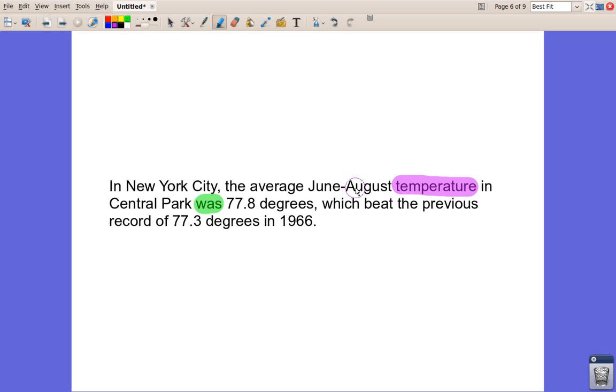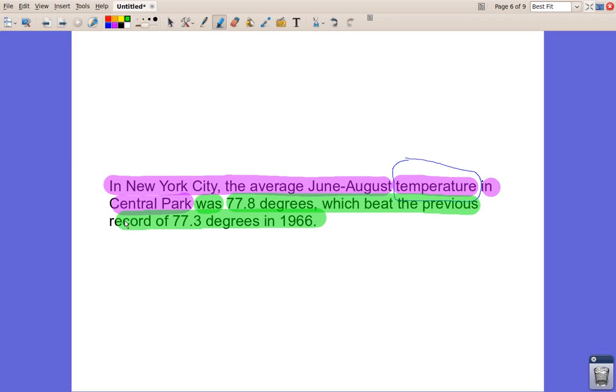Everything else is extra. This whole bit is our subject, of course, but temperature is still our simple subject. And in that same vein, all of this is our predicate, but was is our simple predicate.